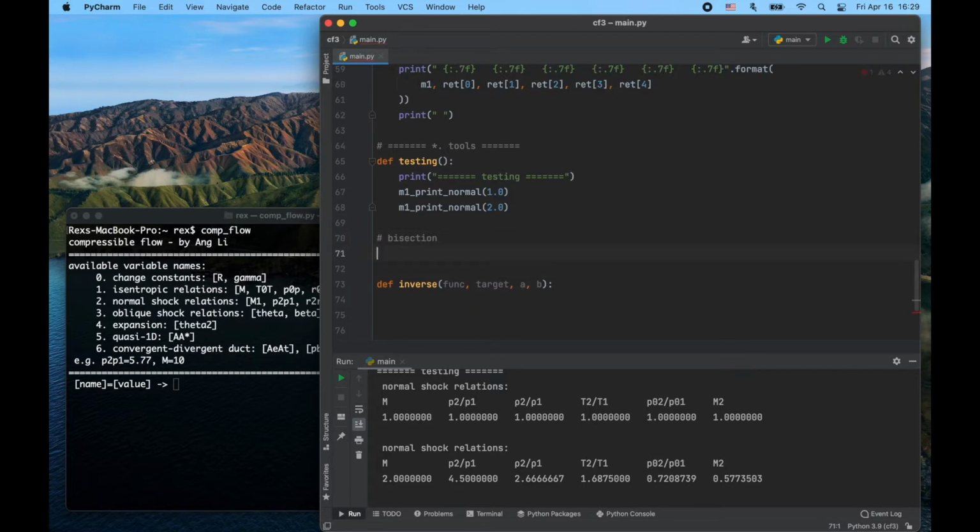For the bisection method, we have to make sure that, first, the function is continuous.